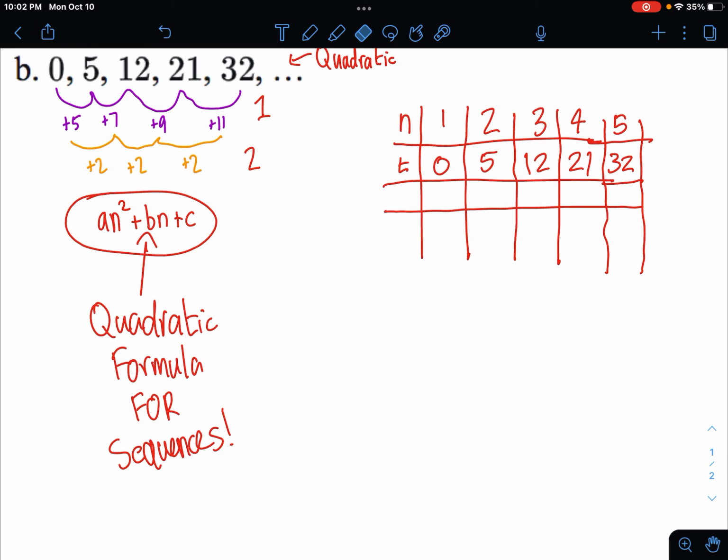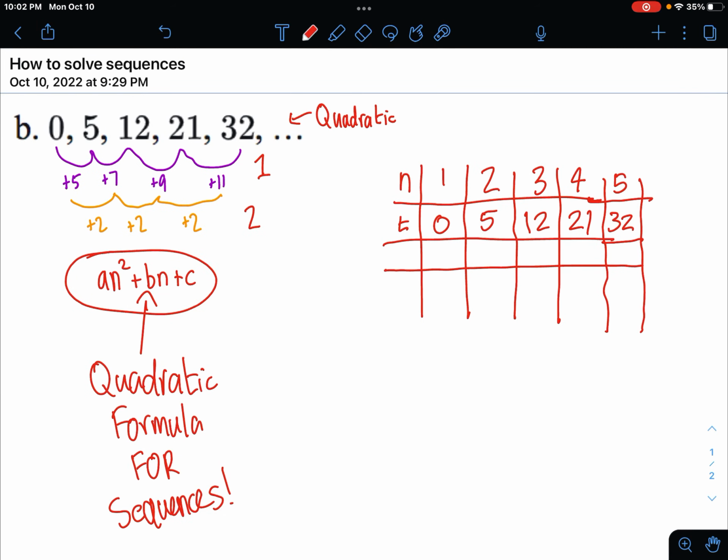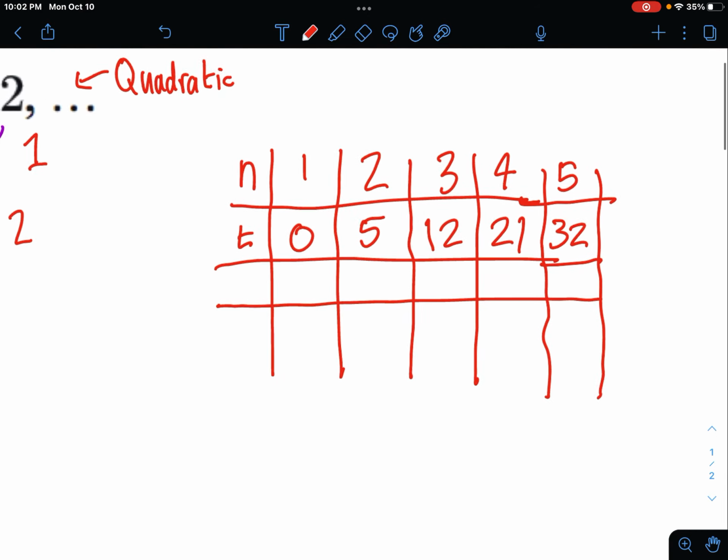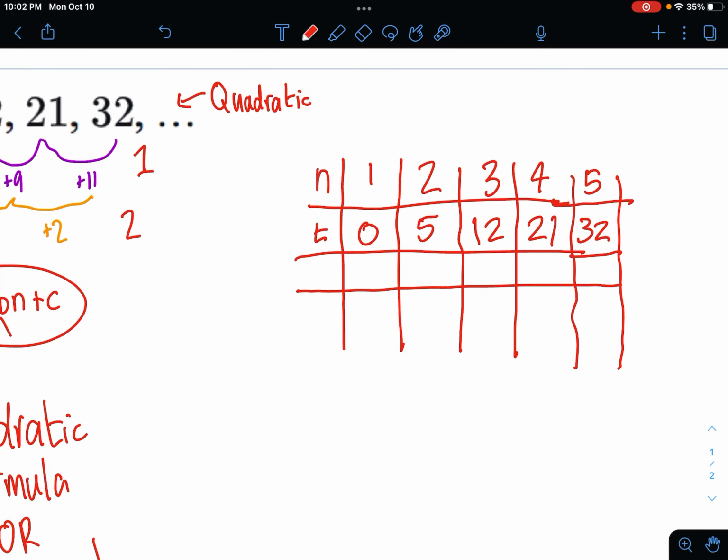That's the main difference. Alright, so in order to solve one of these problems, first know the quadratic formula for sequences, an squared plus bn plus c. Next, I want you guys to set up this table. For me, it's a 6x4 table that I've made. But for you guys, it may be a bit different.